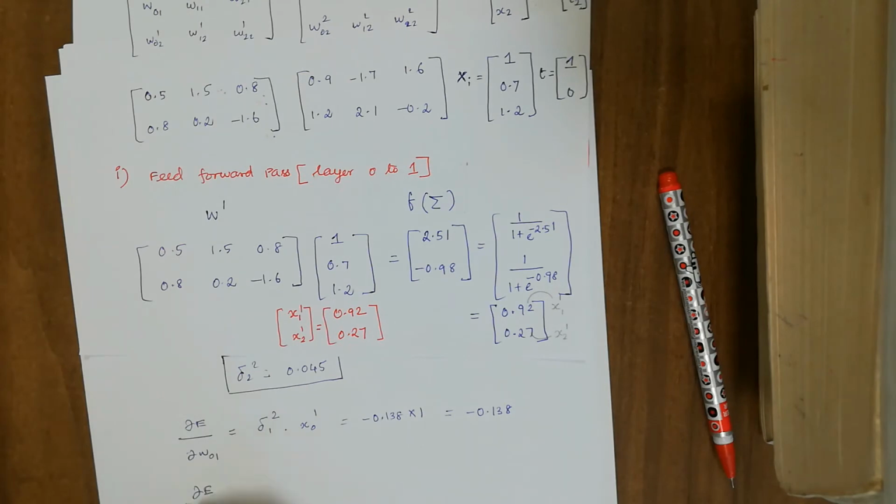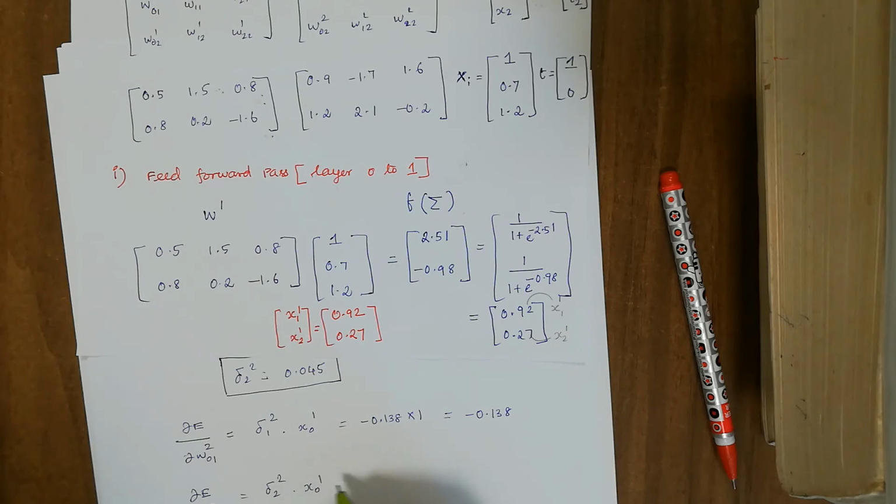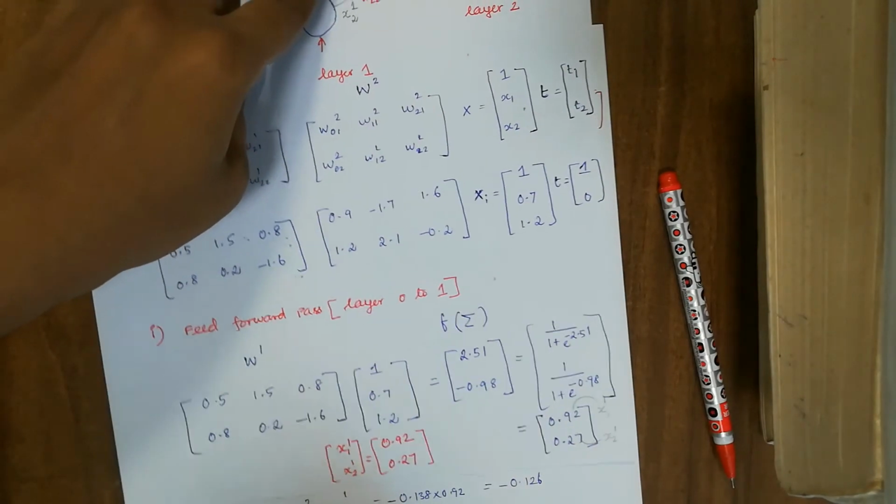Similarly, we can write dou W02, this is in the second layer, as del 22 into x01, which is 0.045 multiplied by 1, which is 0.045. Similarly, I can write the remaining dou W112 as del 12 into x11, which is 0.138 into 0.92, which is minus 0.126.